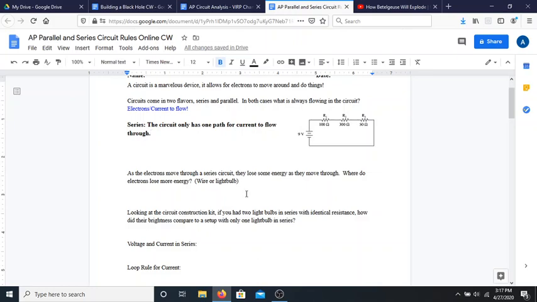If you think about it like this, I asked the question, where do electrons lose more energy, in the wire or in the light bulb? If something has a high resistance, it's going to resist the movement of an electron, which means that electron is going to have to use a lot of energy to get itself through that particular thing.